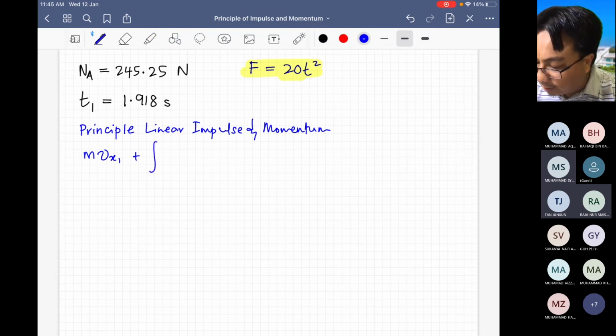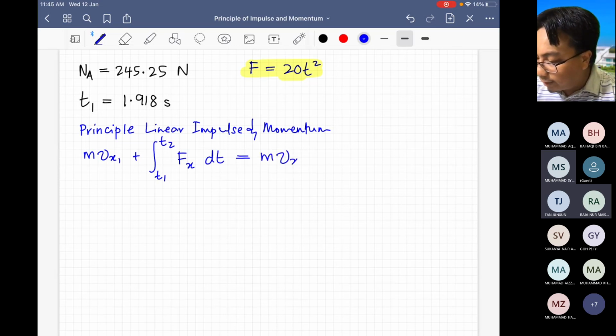So now it is the integration from T1 to T2 of all the forces in the x-axis, Fx dt, equals m vx2.